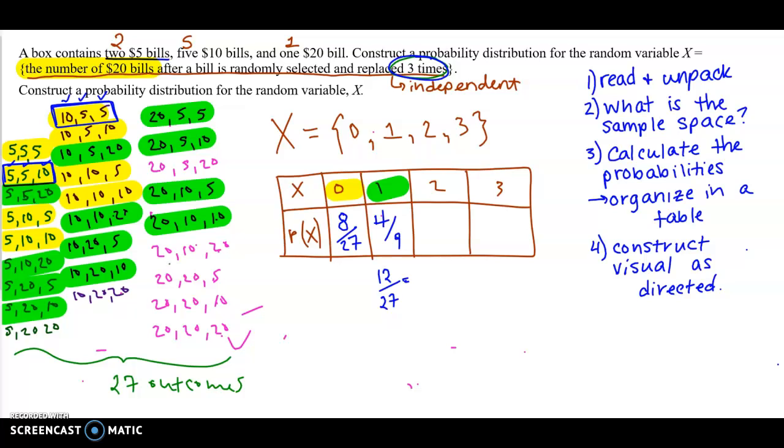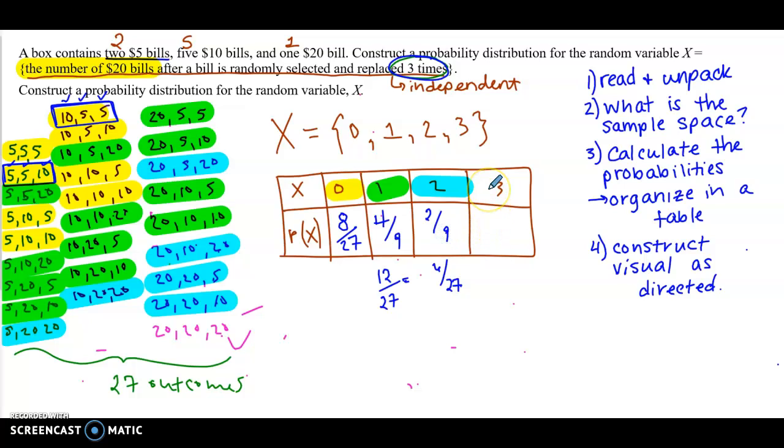Okay, and then let's focus on 2 $20 bills. There's 2, 3, 4, 5, 6. 6 out of 27, which is 2 out of 9.